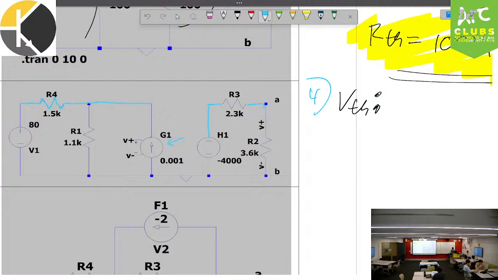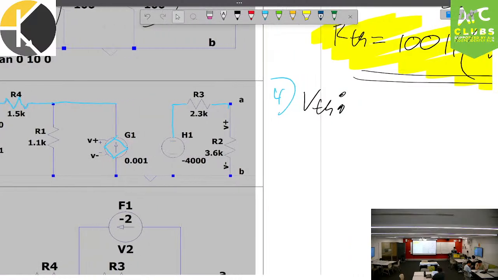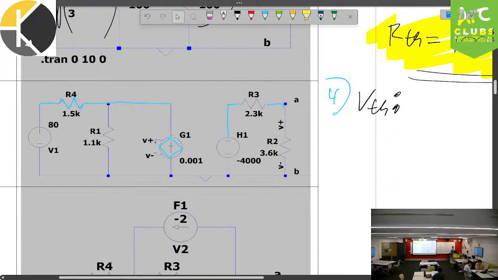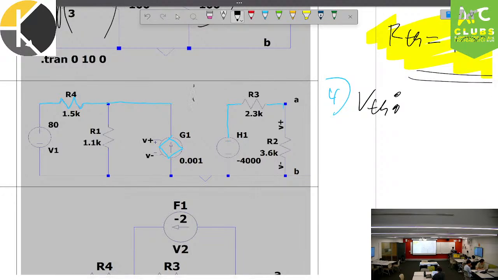So this guy is looking like a diamond, and the rating of the diamond is going to be 0.001 multiple of V plus minus V minus, right? So that's how we're going to think of this thing, okay? Now, really a goofy thing with this question is there's this division between our two things.